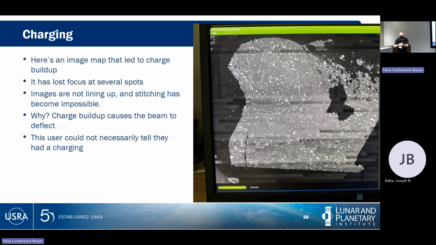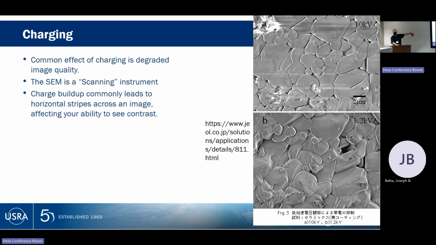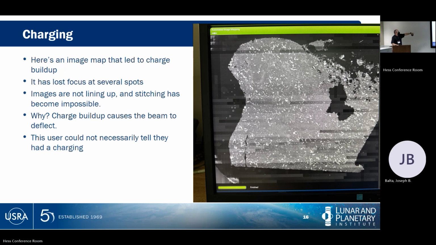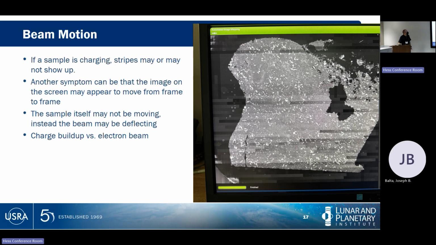If my material is charging, and I'm shooting a charged beam at a charged surface, as the surface builds up a charge, the beam begins to move in response to the charge. You may not always see the horizontal banding as the effect of charging, even if it may be there. Beam deflection is a common response to charging.